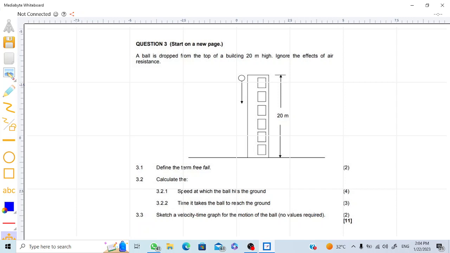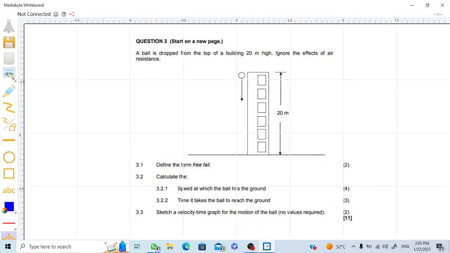Okay, now let's see. I can define from here.